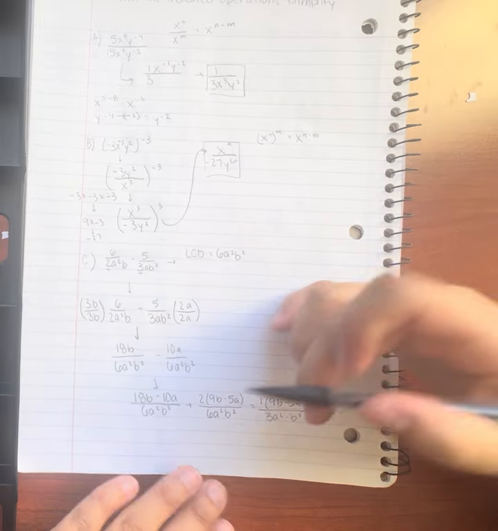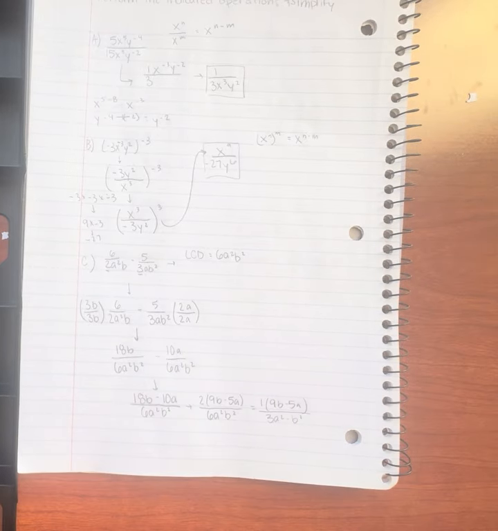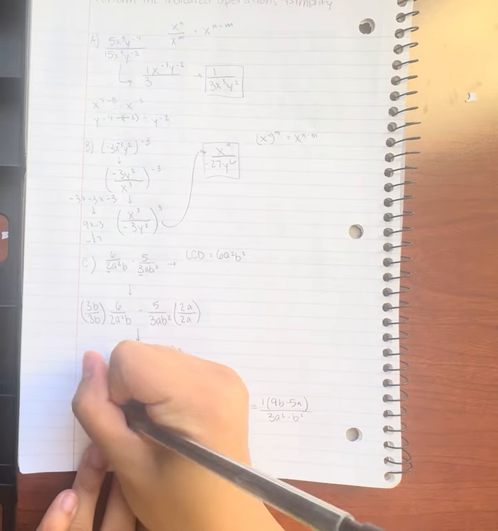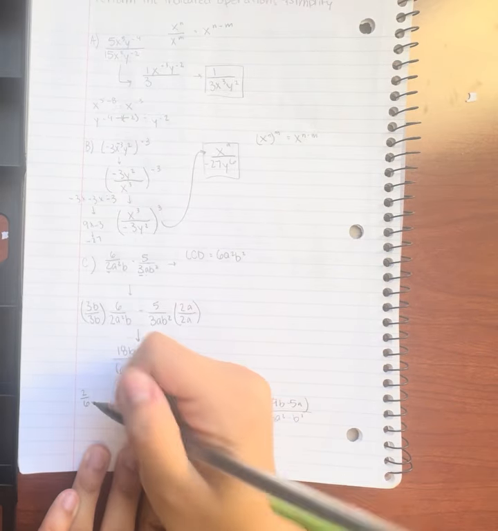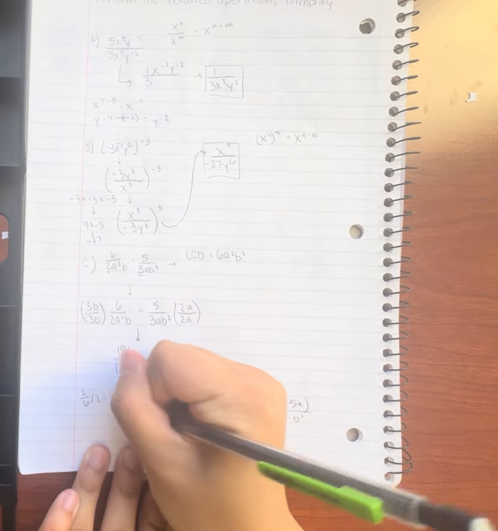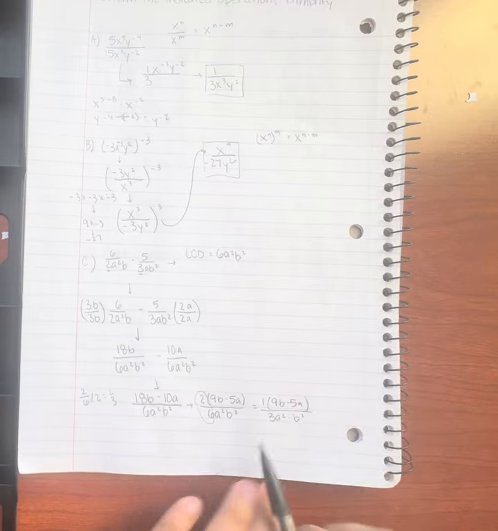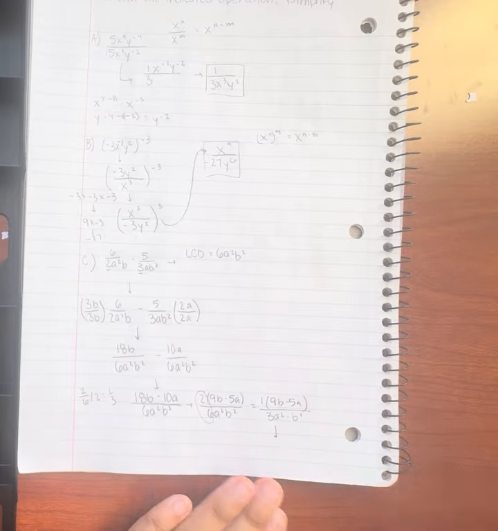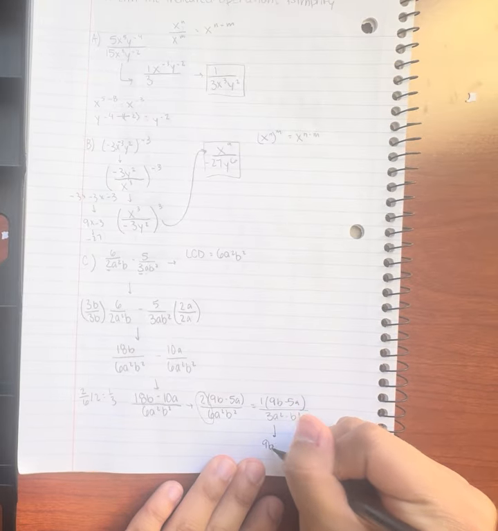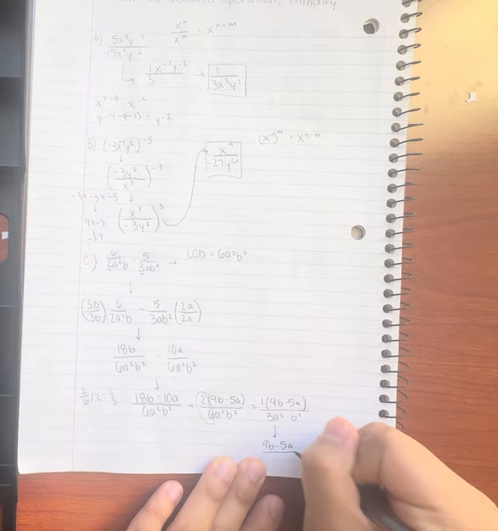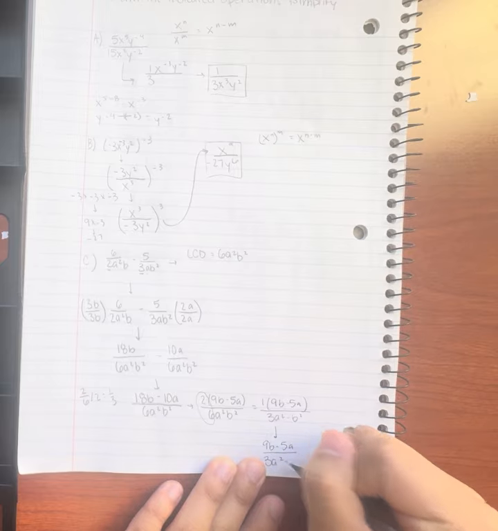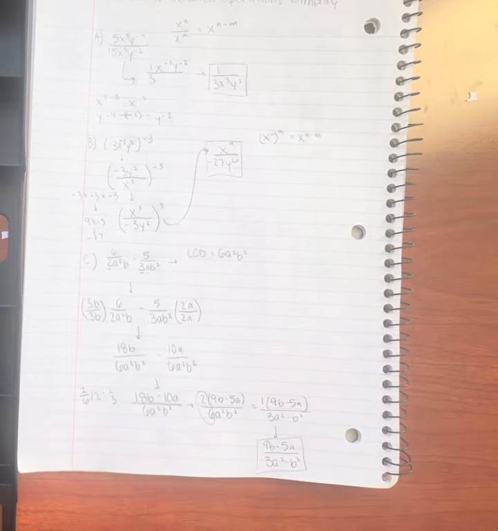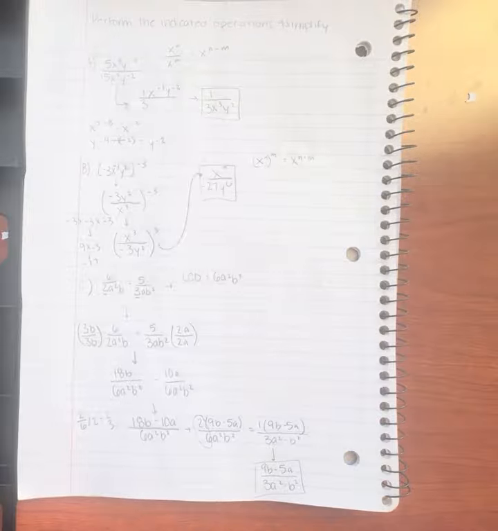The reason I can simplify further is if you look at this, it's basically 2 over 6, and 2 over 6 divided by 2 can be simplified further into 1 over 3. And if we just want to rewrite it to get rid of the 1 and make it look prettier, it'll be 9b minus 5a over 3a squared b squared. And that's how you solve all of these problems.